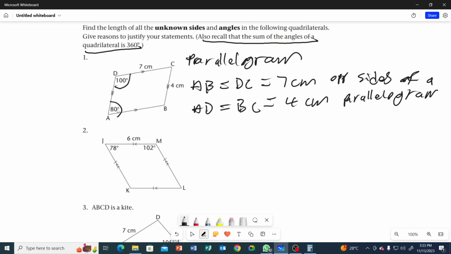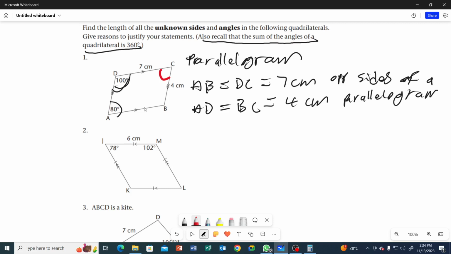Similarly, the same 100 is a co-interior angle of what? Of angle C.